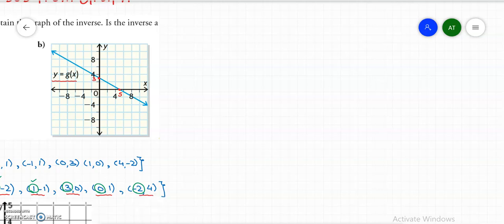Let me write down the intercepts. The x-intercept is (5, 0) and the y-intercept is (0, 3). These are the x and y intercepts of the function y equals g of x.